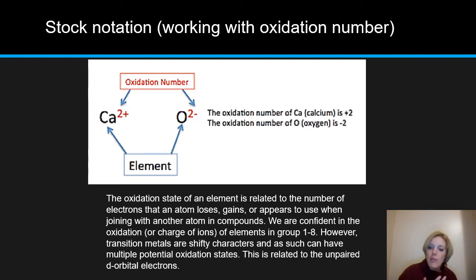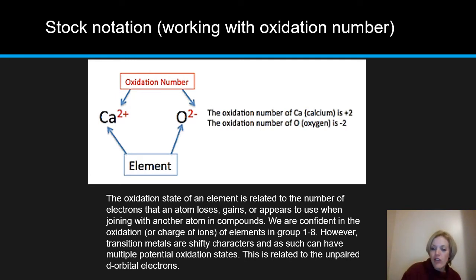The point I'm trying to make is because they move between these different charges, when you come across a compound with a transition metal, how we figure out how to write or name that compound based on the formula has got to do with the charge of the anion. We know what the anion is.